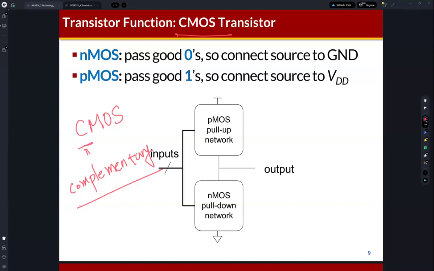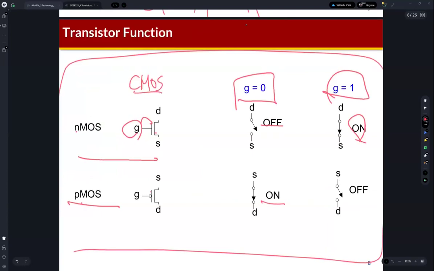So why do we need to use both PMOS transistors and NMOS transistors for building a MOS transistor circuit? In the previous slide, I mentioned that we can understand the behavior of a transistor in a digital manner. It's a simplified approach.